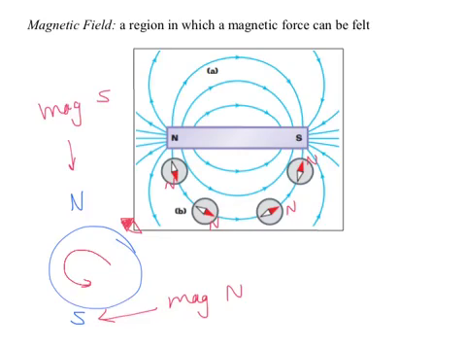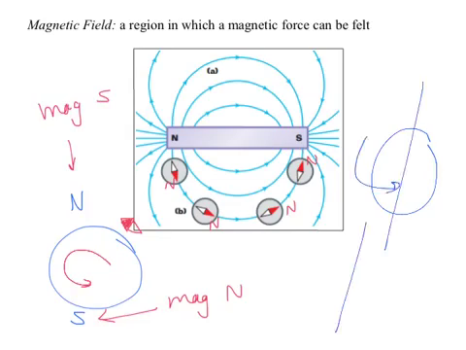Next is that the strength of a magnetic field on a planet is thought to be directly related to its rotational rate. If we have the Earth spinning on its axis versus another planet of the exact same size that is spinning much faster, the magnetic field of the planet spinning much faster will be greater than the one spinning slower.